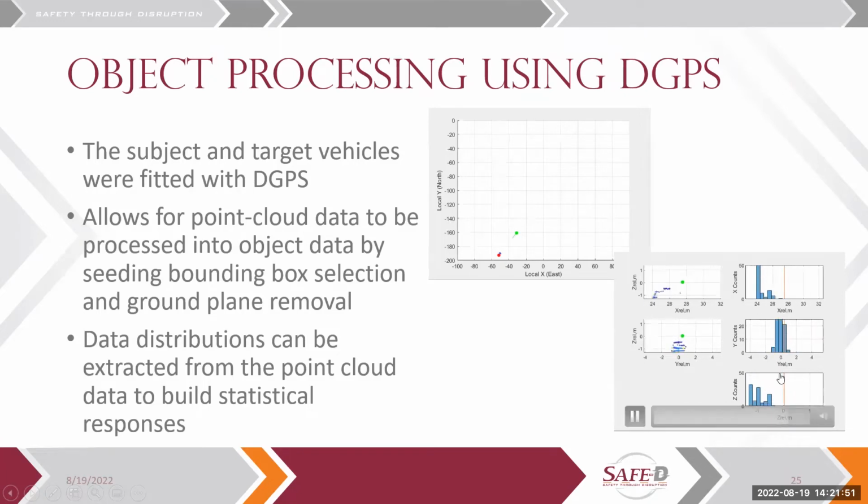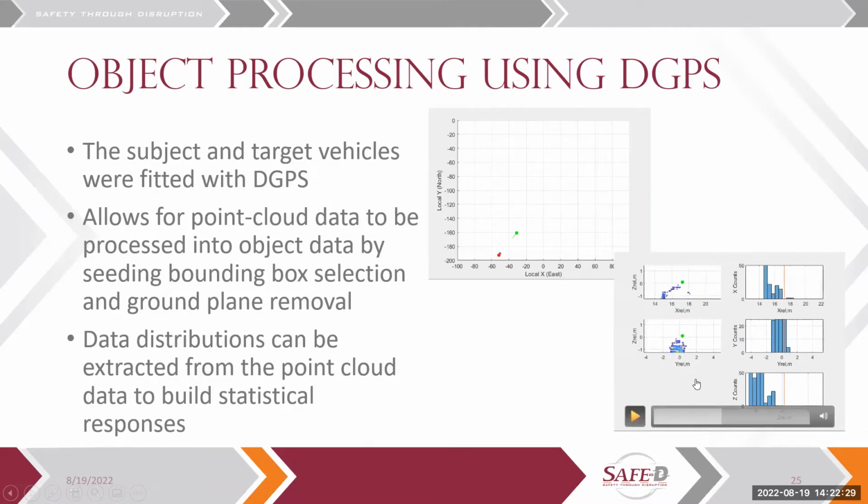And so you can see some of the distributions of the data here as the vehicle sweeps the range. You can see we have mostly just the rear of the vehicle, but as we get closer, we're able to see the top of the vehicle and side view mirrors, etc. And then at longer distances, we might get just the highly reflective points of the brake lights or the license plate.